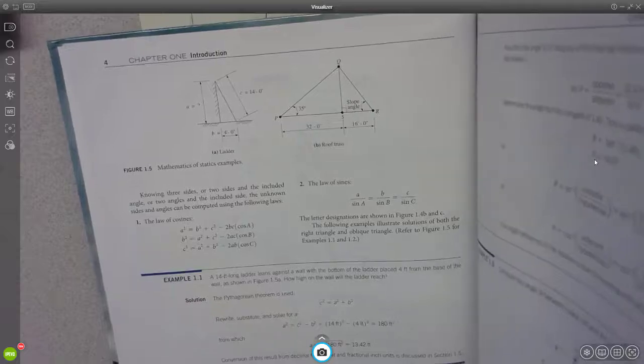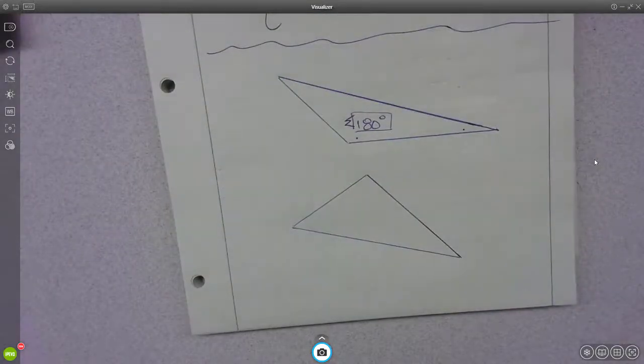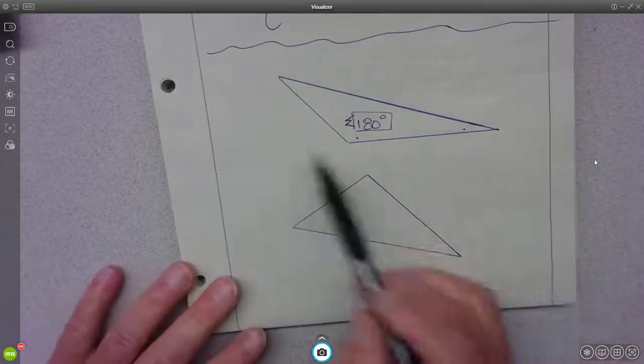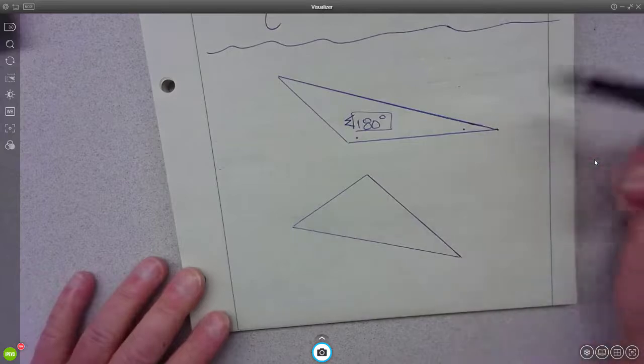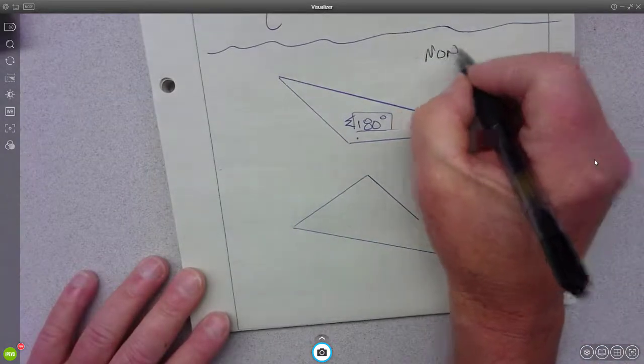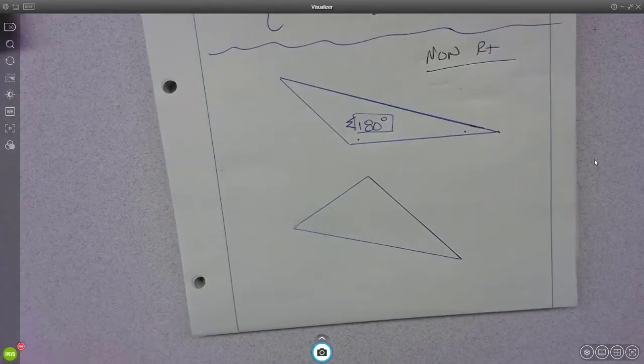We need to be able to understand them and work through them, because when we get into vectors, there's going to be times where we end up with a triangle like this or like this. So right has a right angle, non-right, that's kind of what I call them. They'll call them obtuse and acute.